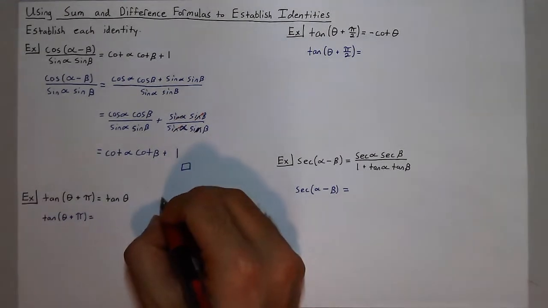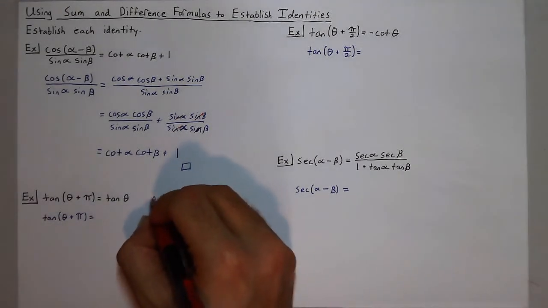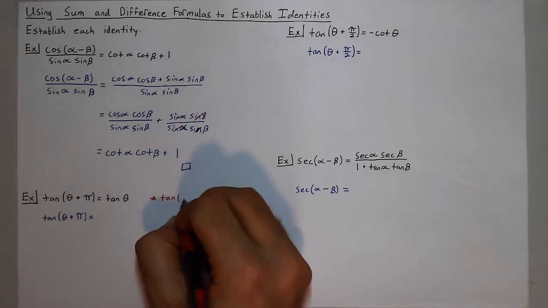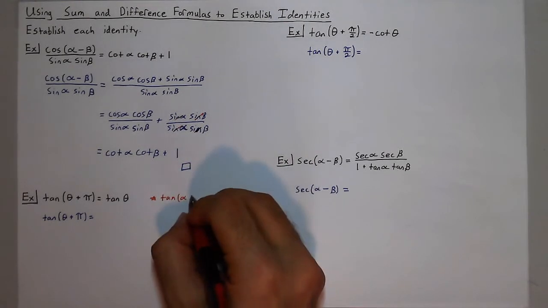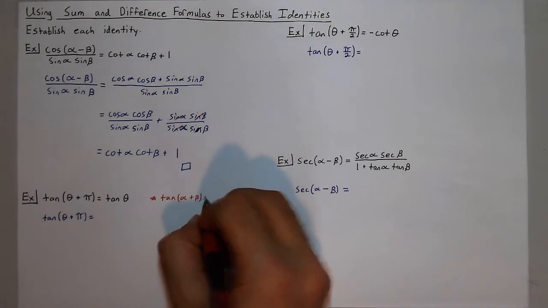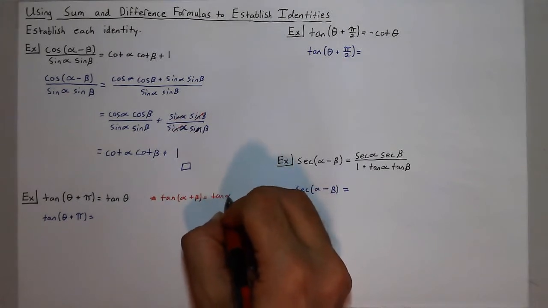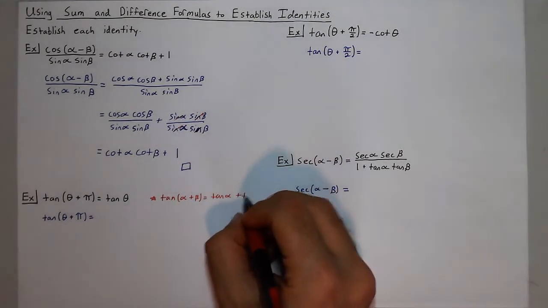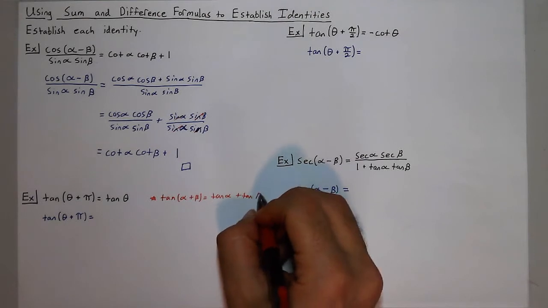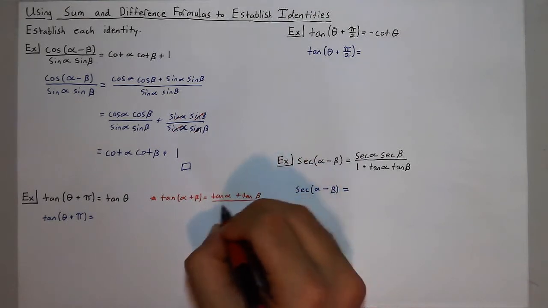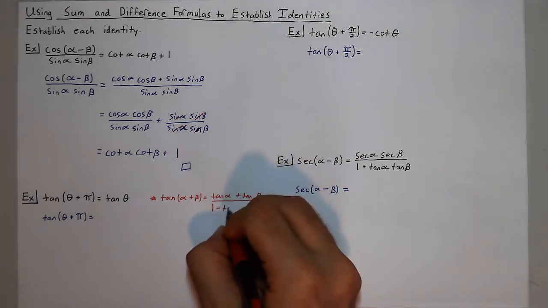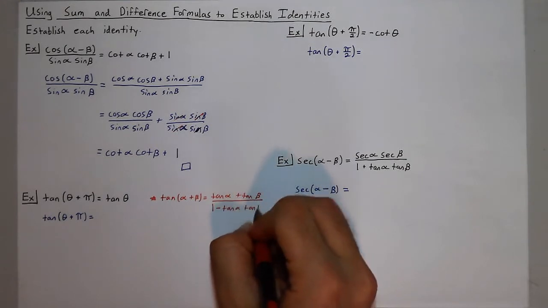So we're going to use the tangent sum formula, which is tangent of alpha plus beta is equal to tangent of alpha plus tangent of beta all over 1 minus tangent alpha tangent beta.